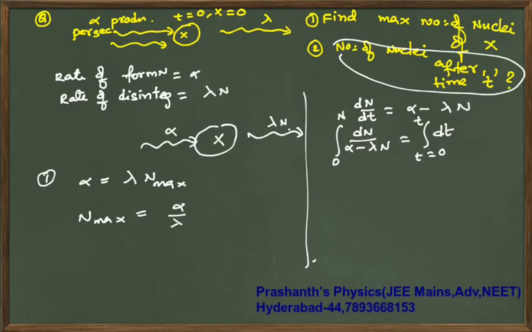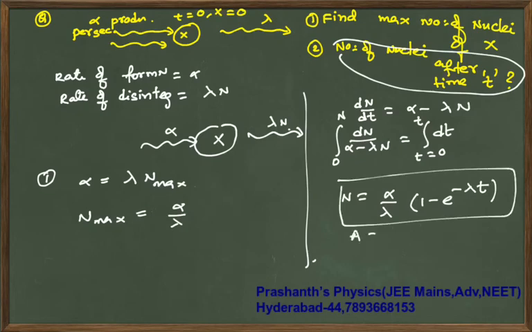Substituting the proper limits, you get n is equal to alpha by lambda times (1 minus e power minus lambda t). From here, the activity is lambda times n. Give whatever is asked accordingly. Like this, you are supposed to answer problems on simultaneous production and decay.